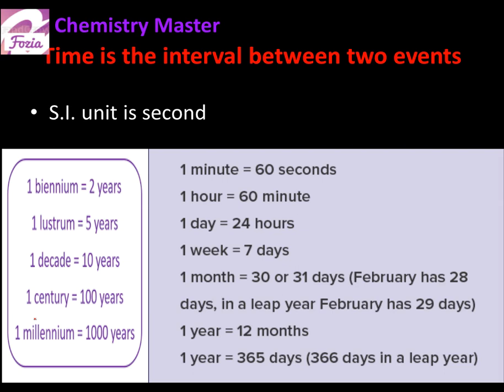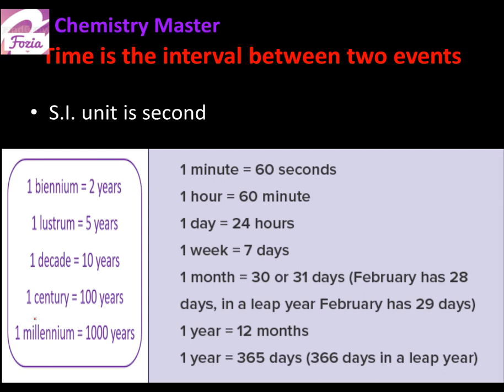There are so many types of reactions. Few reactions occur immediately, within seconds, like explosions, but few of the reactions take a long span of time. So this is how time is a very important tool for a chemist doing his experiment.